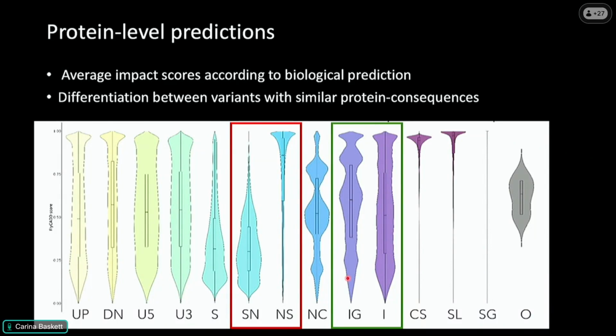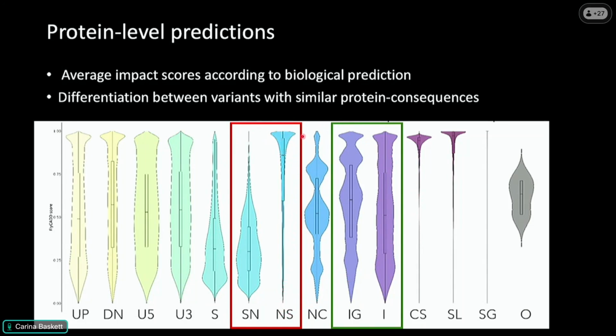So these are protein level predictions, what we call them in the model. So basically annotations telling whether a SNP position is located in, for example, an intron or an exon or intergenic. And then what you see here in the red box is that if you look at non-synonymous mutations, they tend to have a pretty high CAT score.